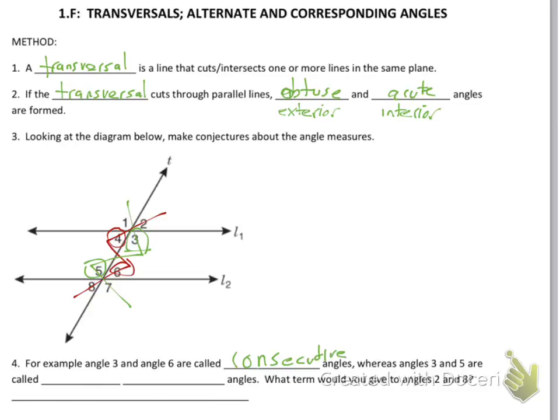Consecutive angles, where 3 and 5 are called two words, alternate, and they're inside, so interior angles. And then 2 and 8 would be two words. What? 2 and 8, opposite sides, alternate, exterior.